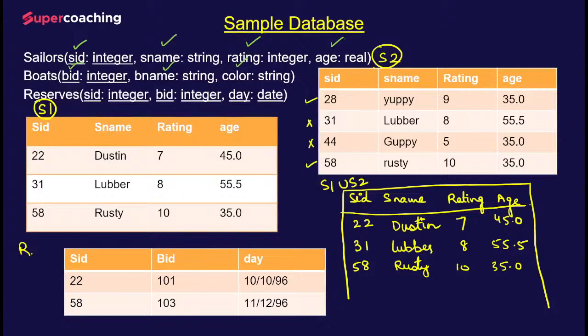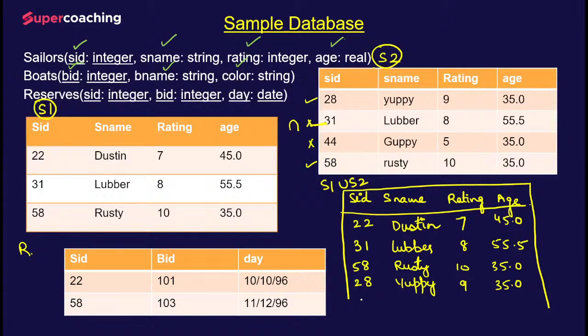Next go to S2. So S2, in the first tuple, is having the SID 28. 28 has not come earlier, so we'll include this in the result, 9, 35.0. Right? Then with the ID 31, this is already included. That means this is present in both the relations, so it will be included in the result of intersection.